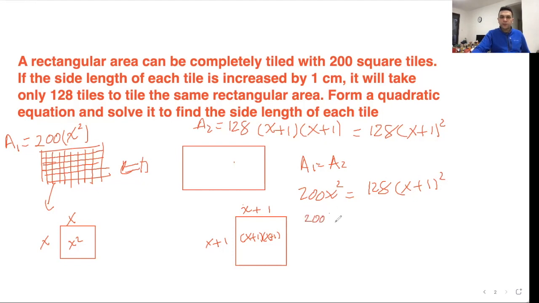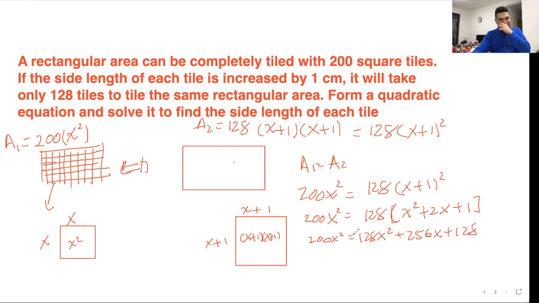So I'm going to get 200x squared equals 128 times x squared, 1x plus 1x, so it's 2x, plus 1. Then I distribute that 128, so I get 200x squared equals 128x squared plus 128 times 2, that'll be 256x, plus 128.